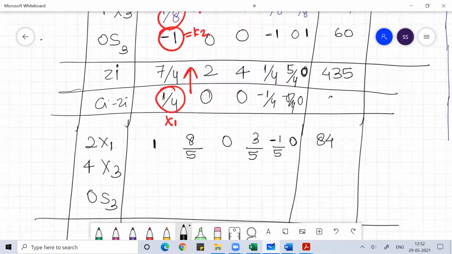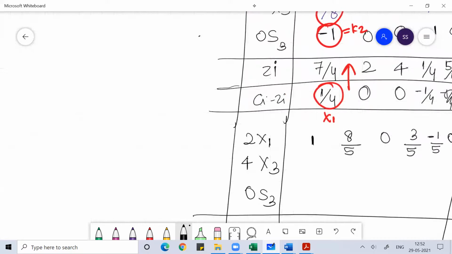Now I have to find the value of x3. So what is the old element of x3?